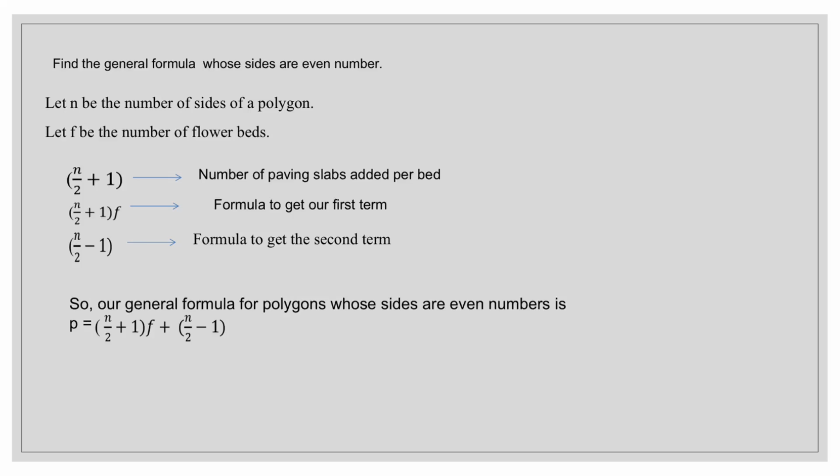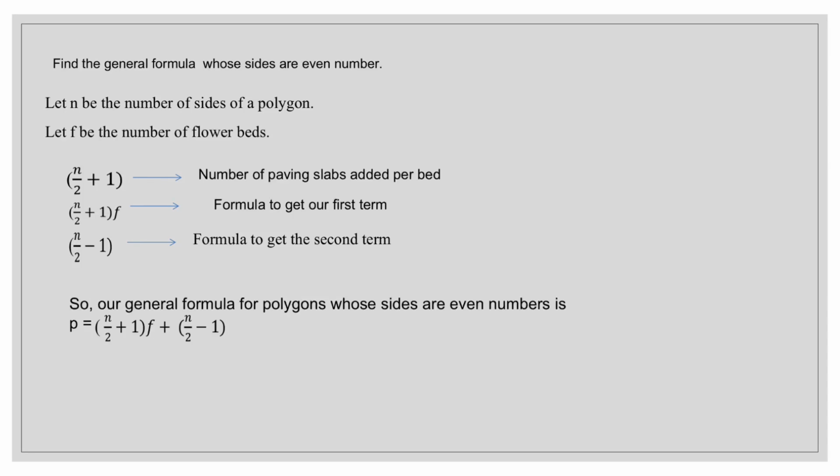And then, N over 2 minus 1 is the formula to get the second term. So, our general formula for polygons whose sides are even number is P is equal to quantity N over 2 plus 1 times F plus quantity N over 2 minus 1.